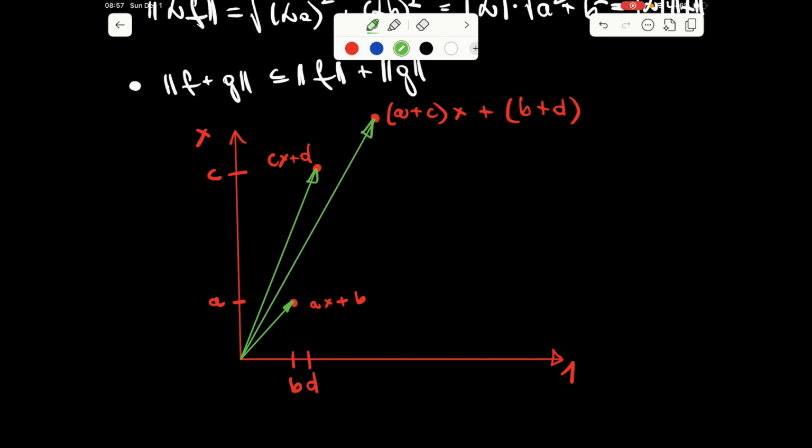It really looks as if we were working in the usual everyday Euclidean space.